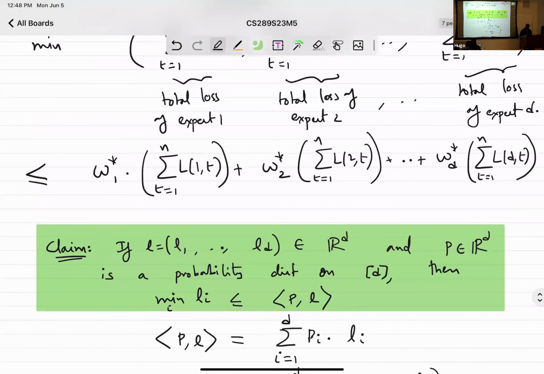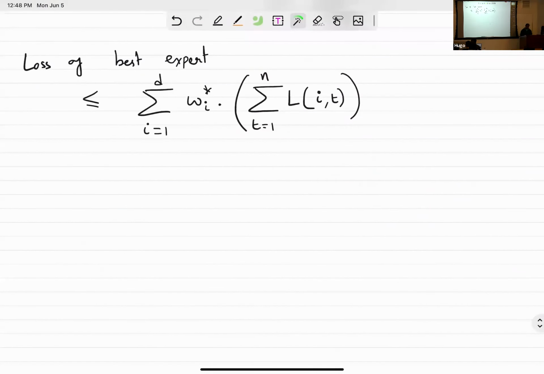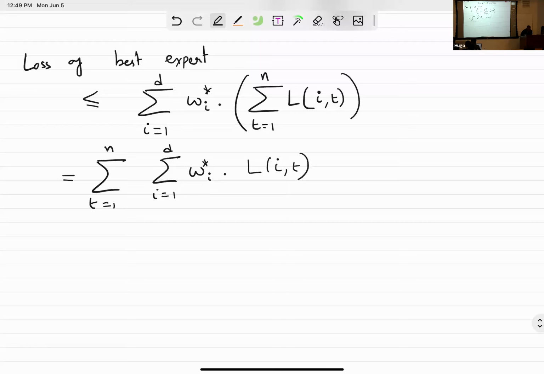Right, so you're looking at the total loss of each expert and then putting the weight. Right, I just wrote down that. The loss of the best expert is at most this much. And to simplify it now, I'm going to just change the summation order.